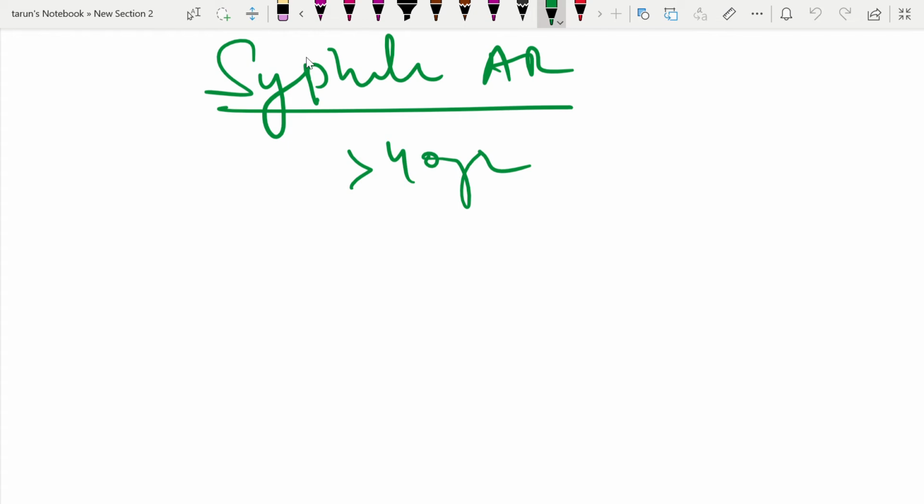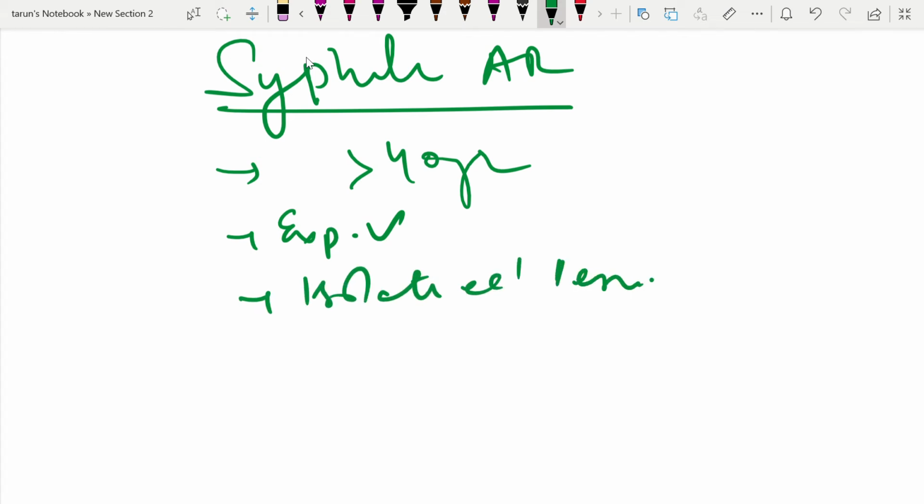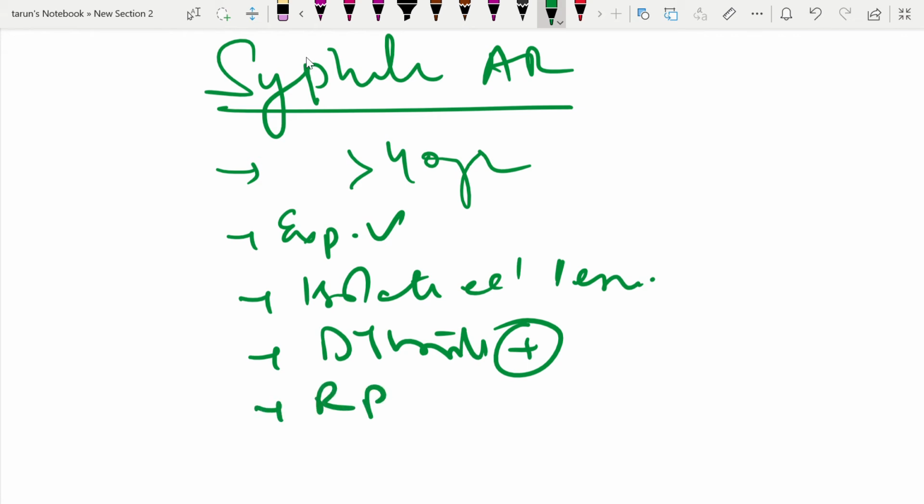So what are the features? There is a history of exposure. It is usually an isolated lesion most of the time. You will get a diastolic thrill in syphilitic origin, even commoner than in rheumatic.